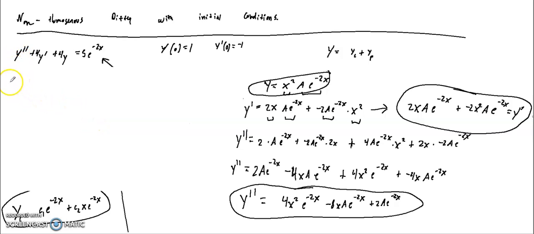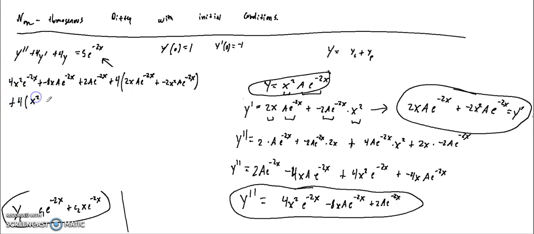So we just have 1 here, so we'll just say 4x squared e to the negative 2x plus negative 8x a e to the negative 2x plus 2a e to the negative 2x plus, now this is y prime part, so we multiply it by 4, 2x a e to the negative 2x plus negative 2x squared a e to the negative 2x plus, this is the y part, 4 times x squared a e to the negative 2x, and that all equals 5e to the negative 2x.